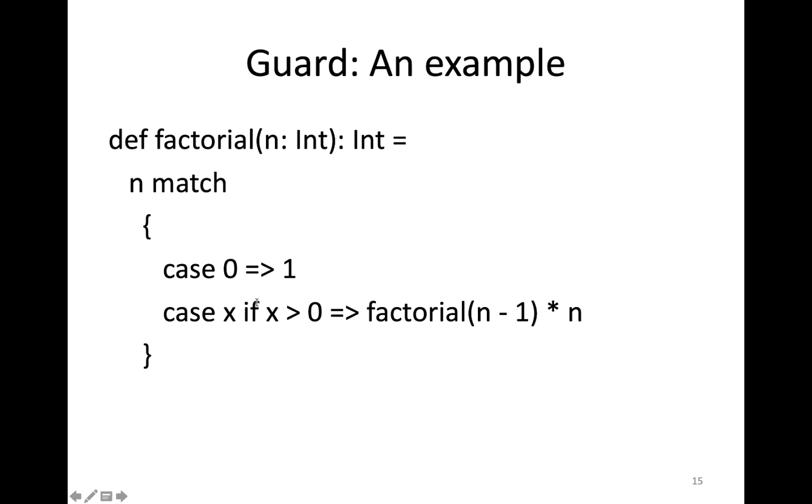So here we are checking whether x is greater than 0, and then only this will be the evaluation of this case, and that is doing the recursion, right? Okay, so this is the way to call this function, and the output should be factorial of 3, which is 6.